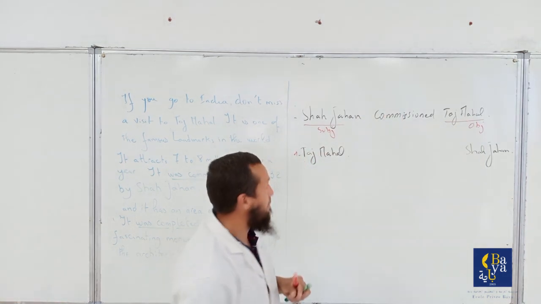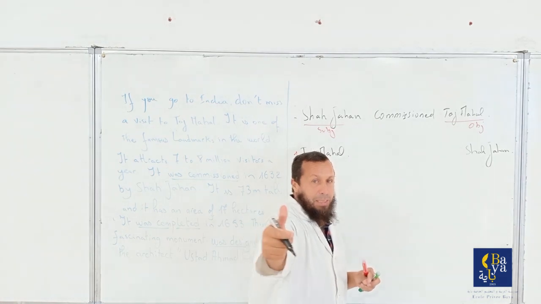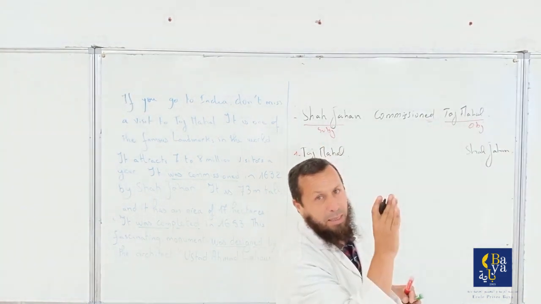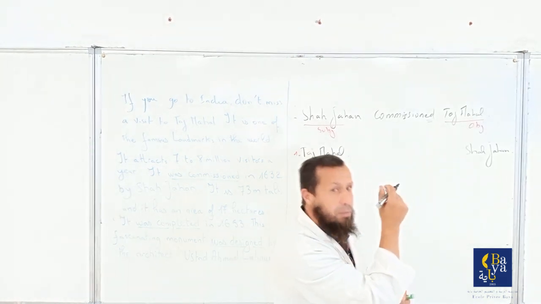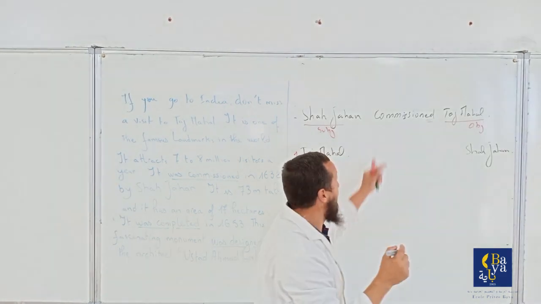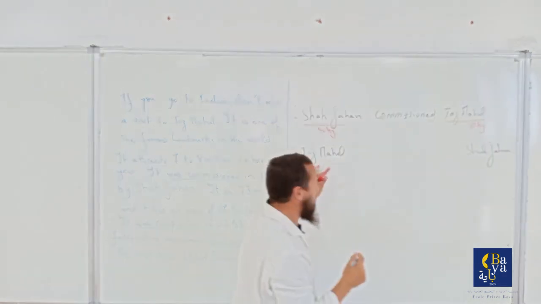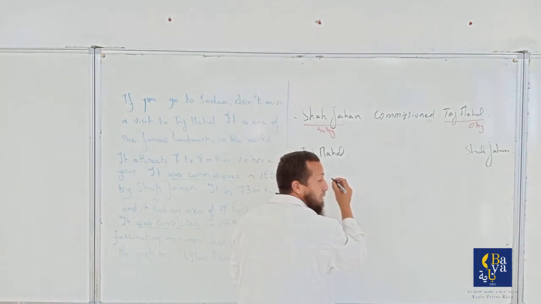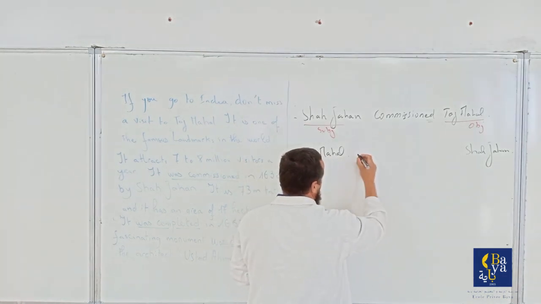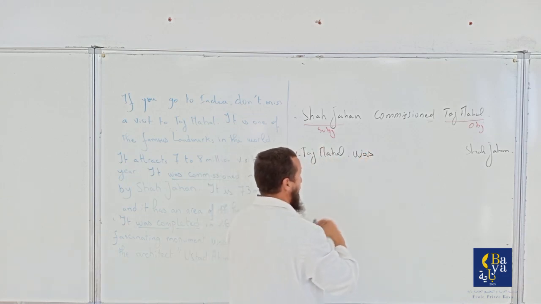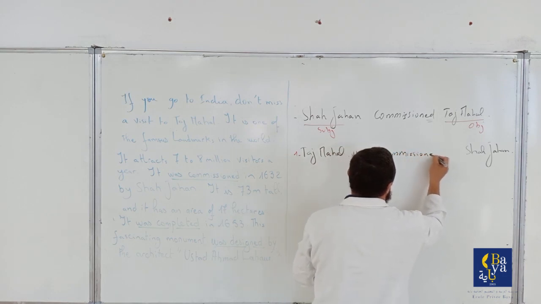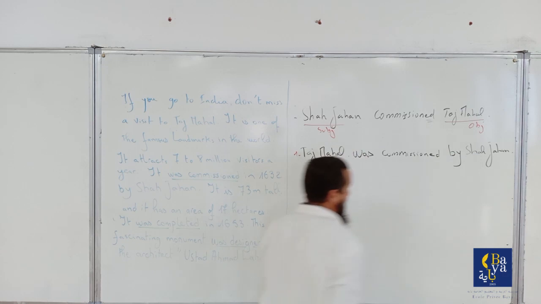Now, the verb. Here we have one verb. Be careful. In the past. It can be in the present. In the passive form, we have two verbs. We have the verb to be. So was commissioned by Shah Jahan.